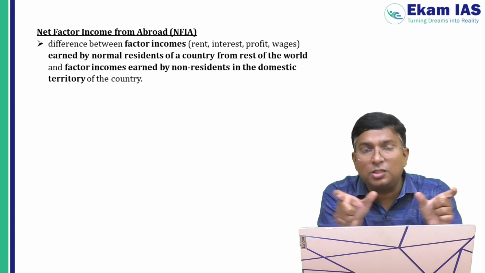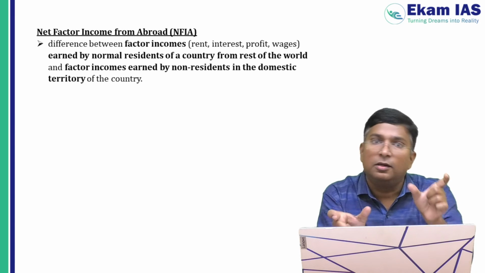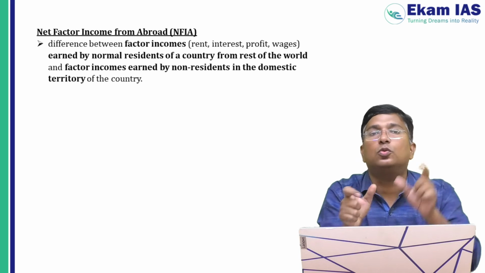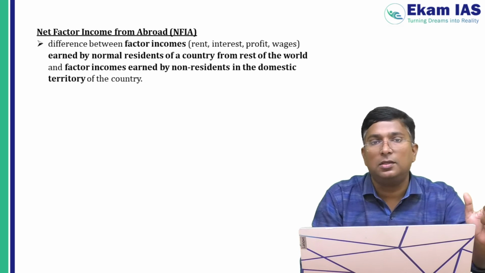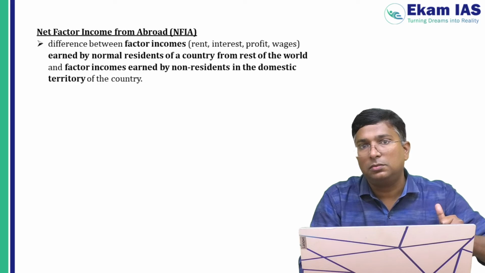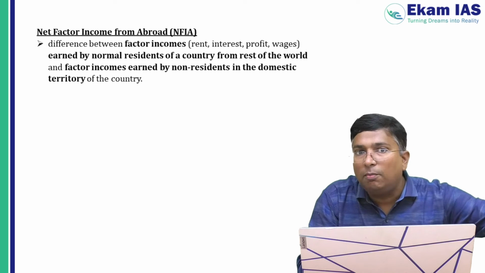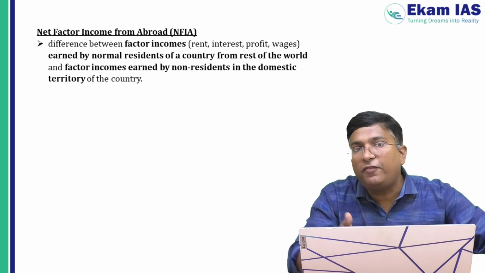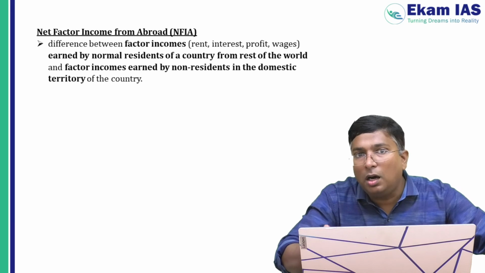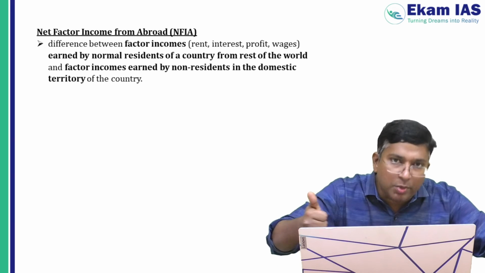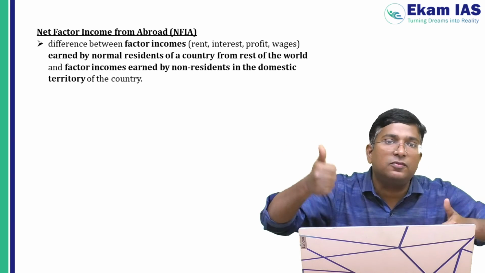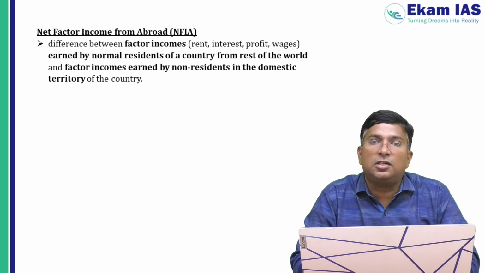After finding out these two, the difference between these two, the factor income earned by the normal resident from the rest of the world minus the factor income earned by the non-resident in the domestic territory of the country, that difference will give you net factor income from abroad.